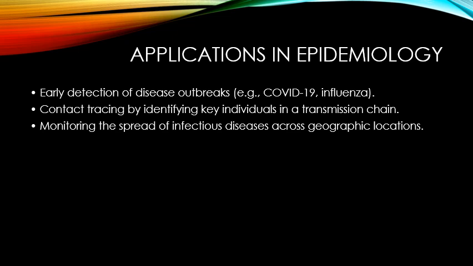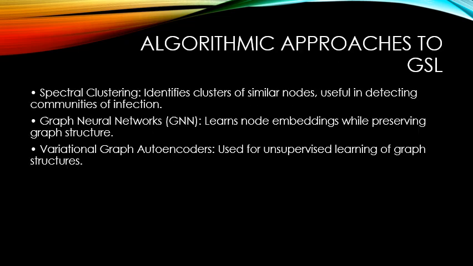Applications in epidemiology: early detection of disease outbreaks, for example COVID-19 and influenza; contact tracing by identifying key individuals in a transmission chain; and monitoring the spread of infections and diseases across geographic locations.